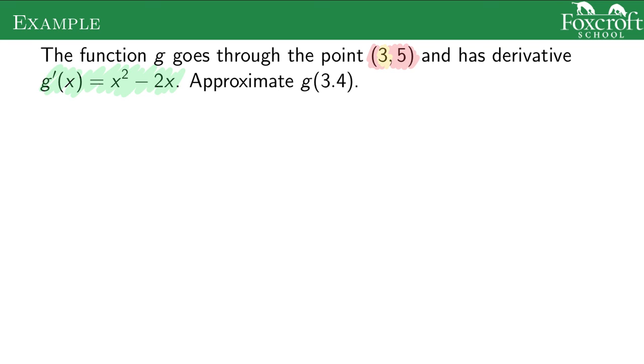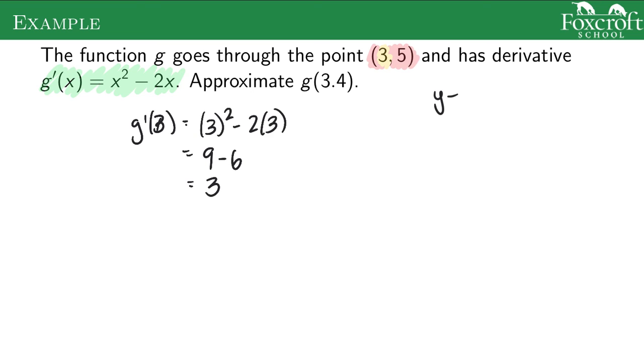So for our original tangent line, our x value is 3, so I'm going to plug that into my derivative, and then just simplify. And I get 3. So my point on my original graph is 3, 5. The slope of its tangent line at that point is also 3.